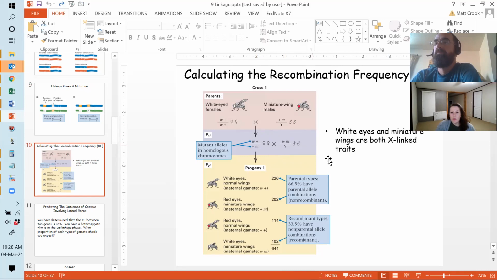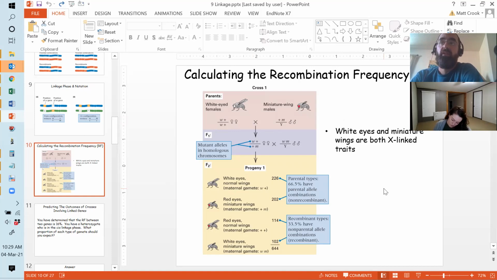Cis means they're going to be homogenetic, and trans are going to be hetero. No, it's not about their genotype. It's about which alleles you find on each chromosome. So if you find different alleles, like a dominant for one gene and recessive for another gene, that's in trans.